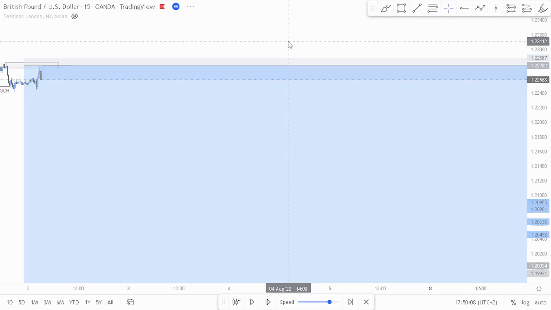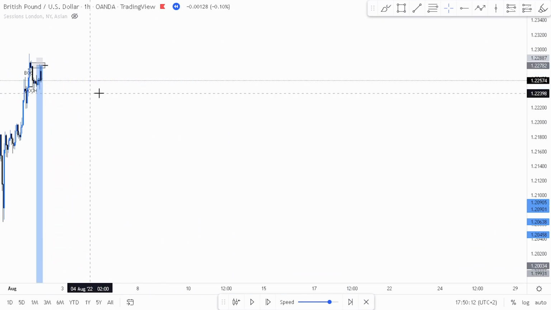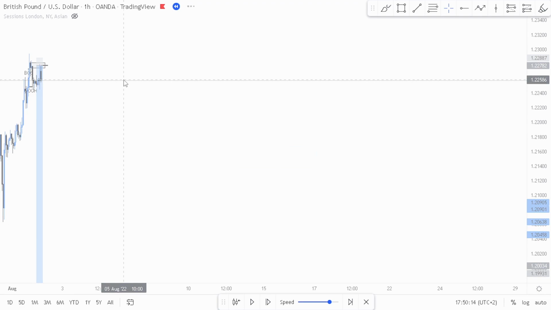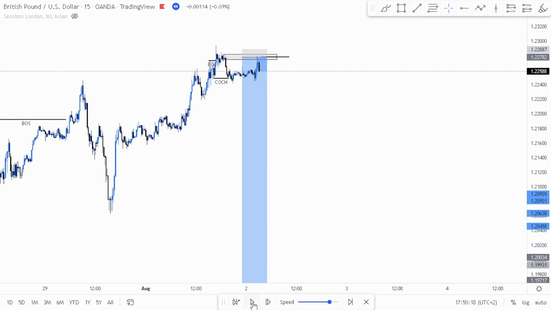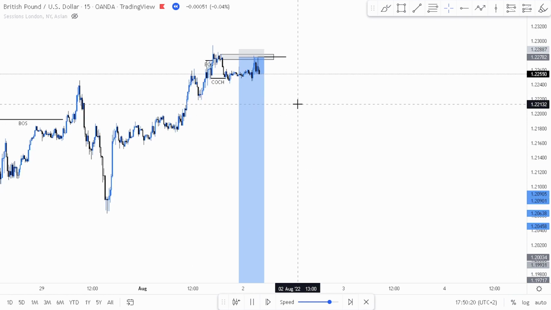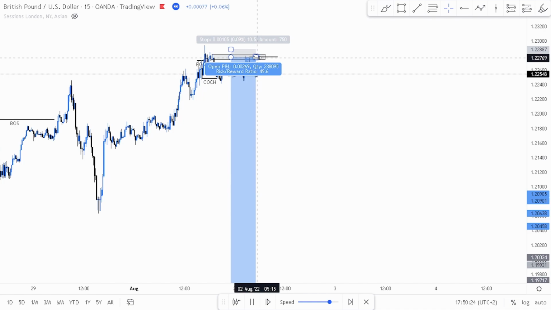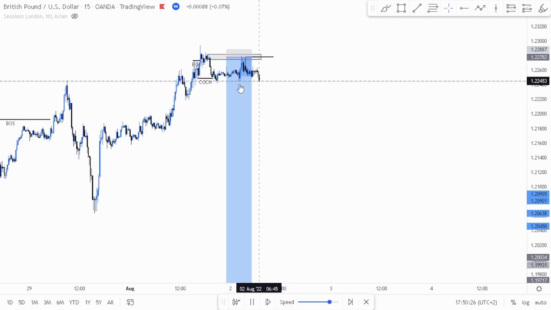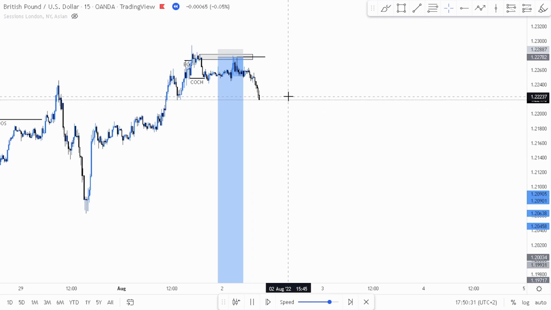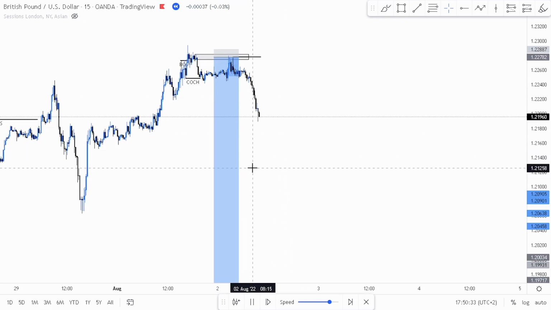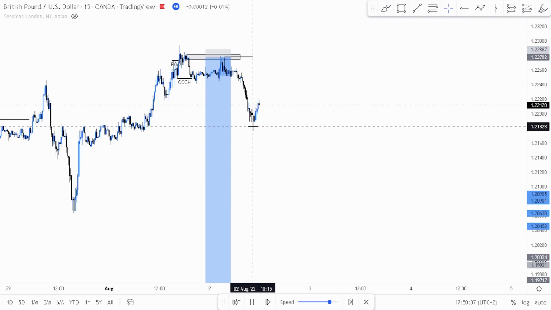Let me just do this. So basically, we are looking for price to go all the way to the downside. Now let's see how price actually moves. Now I'm not gonna fill out this whole thing because the screen turns blue and the candlesticks are not visible properly, so I'm just gonna leave it right over here. So guys, we are triggered in and price is moving to the downside, as you can see.